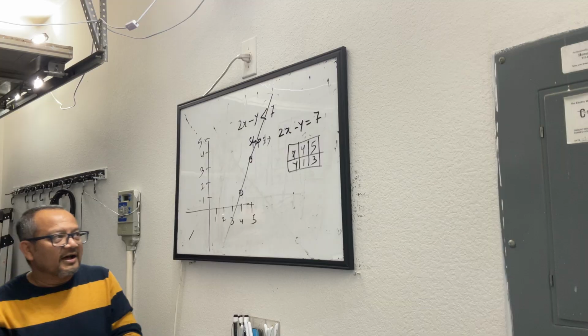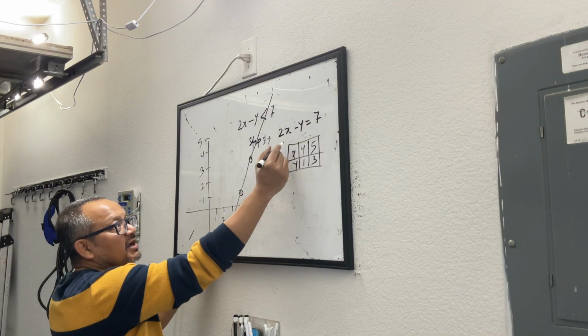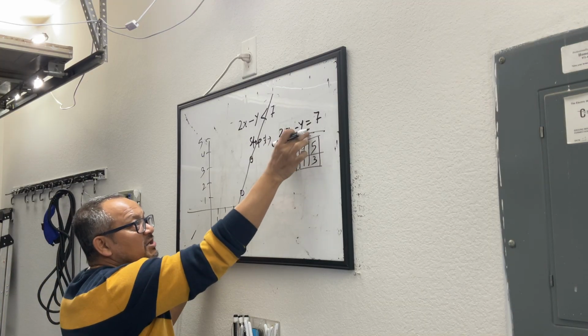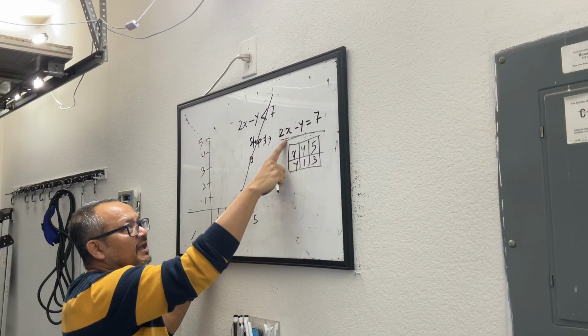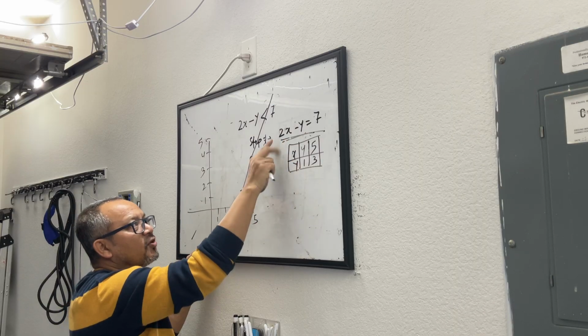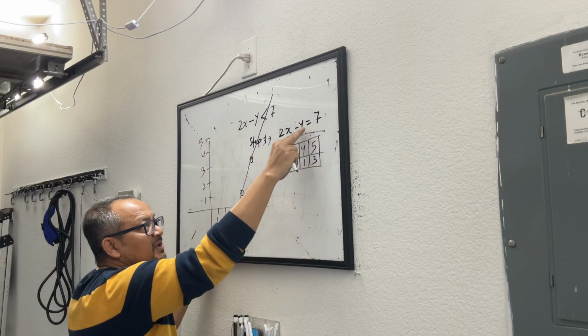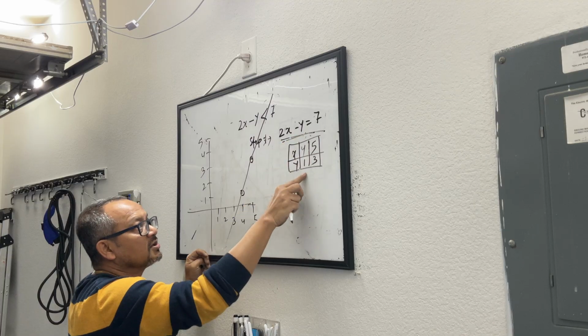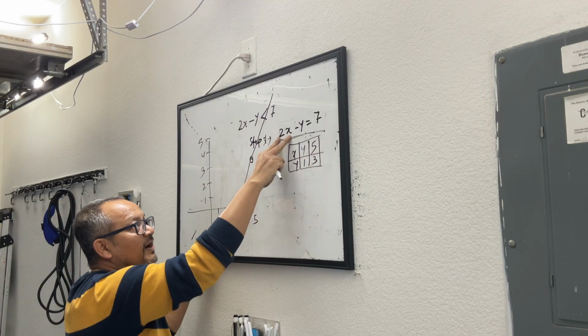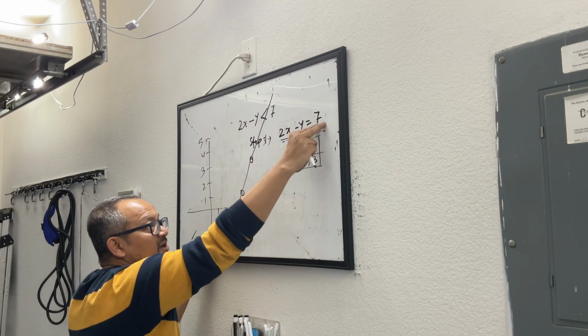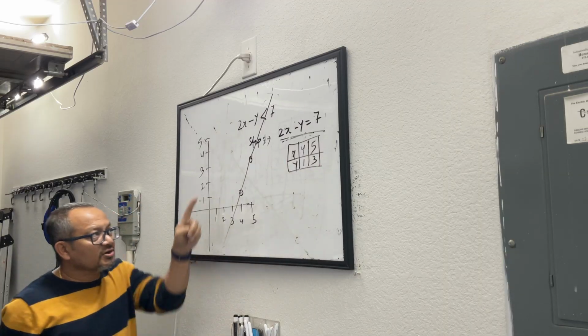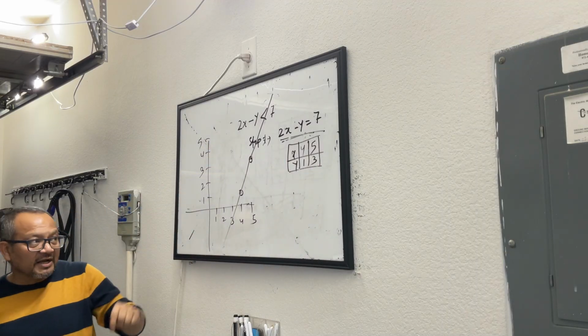Because it's a linear equation, it will draw a line for me, so I just need 2 points. When x is 4, 2 times 4 is 8, minus something will give me a 7, so that has to be 1. When I picked x equal to 5, 5 times 2 is 10, minus something will give me a 7, that has to be 3. So I got 2 points, connected them, and this is my line.